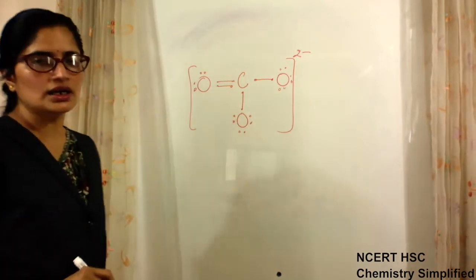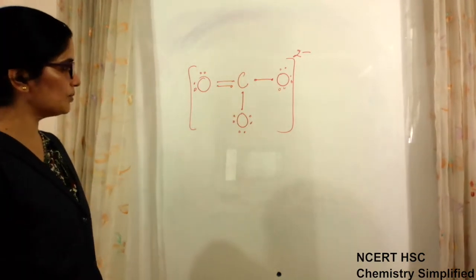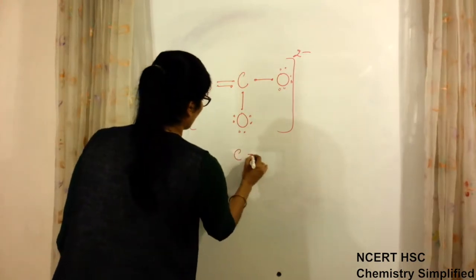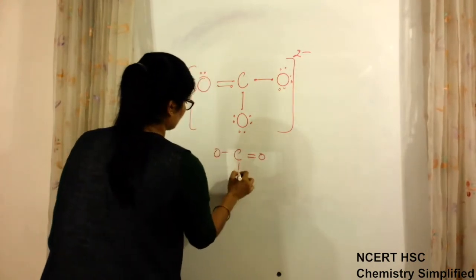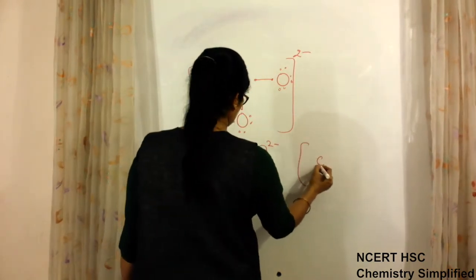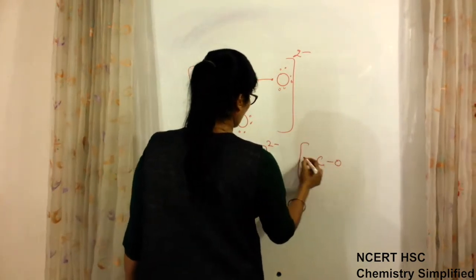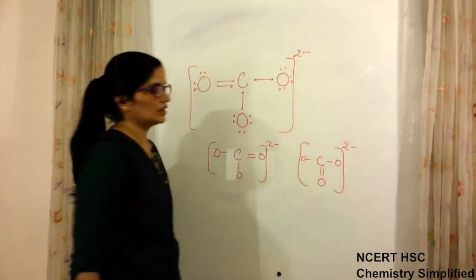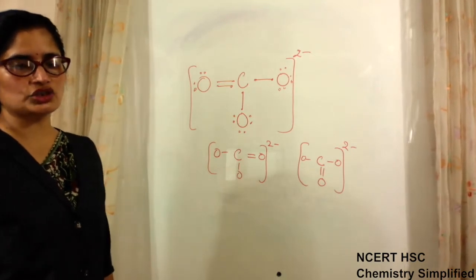So this is the structure for carbonate molecule. Now either it can have this structure or it can have this structure. They are identical ones. See, single bond O, double bond O. These are identical structures.